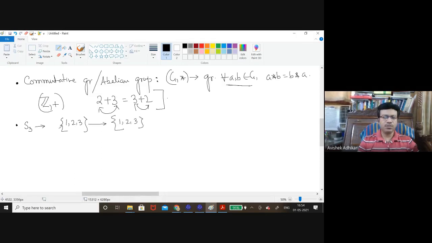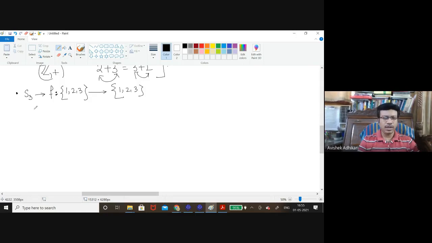How many such permutations are there? Quickly, anybody? That means how many bijective mappings can you construct on this set?